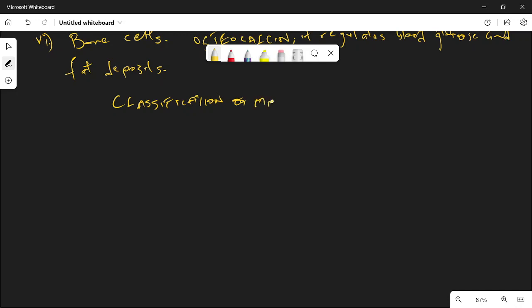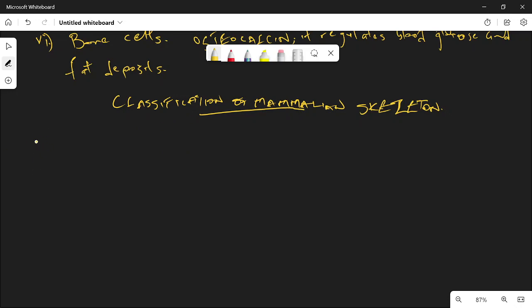Classification of mammalian skeleton. That is what we have today.